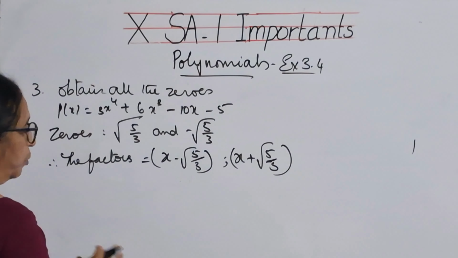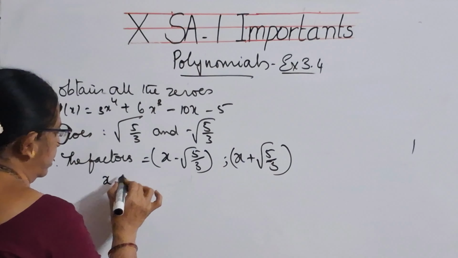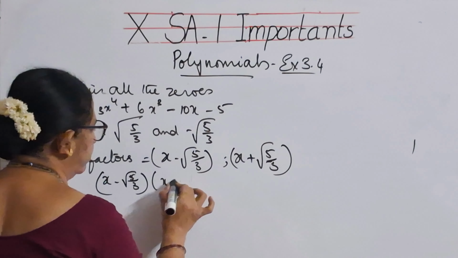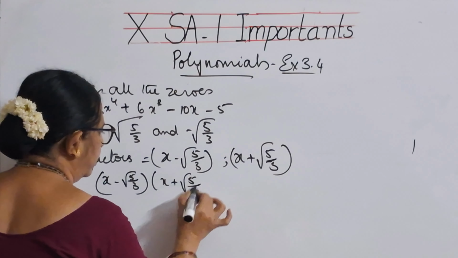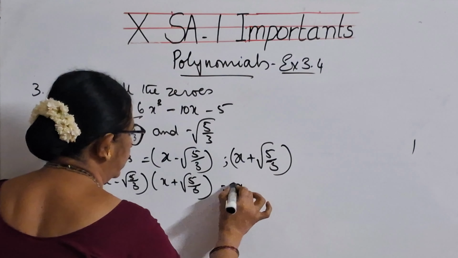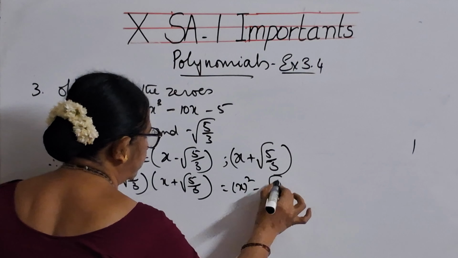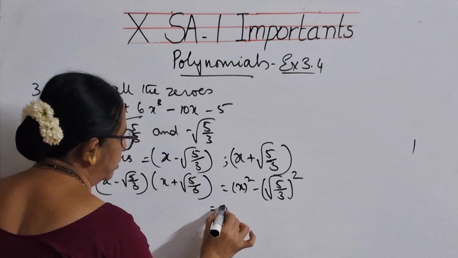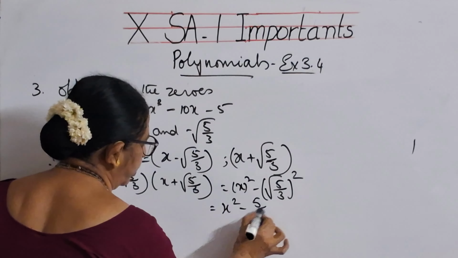So first you take x minus root 5 by 3 and multiply with x plus root 5 by 3. This is in the form of a plus b into a minus b. What you are getting? A square minus b square. That means x square minus 5 by 3, children.